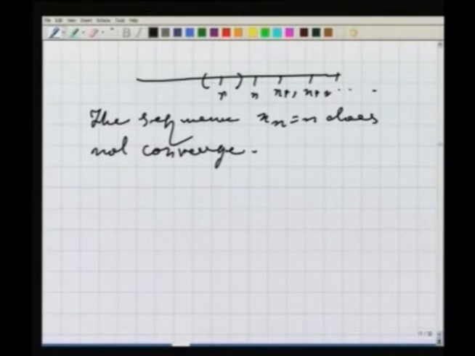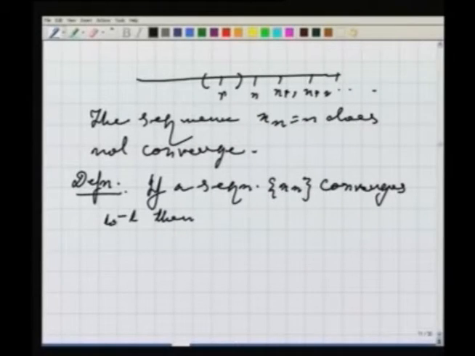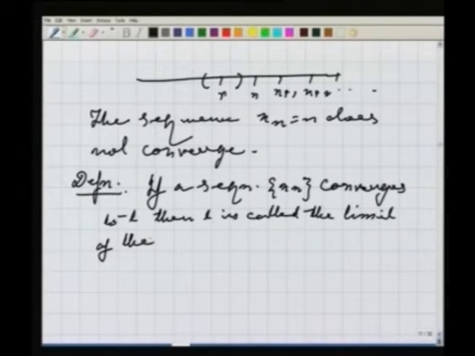Let us make some more definitions. If a sequence x_n converges to L, then L is called the limit of the sequence.